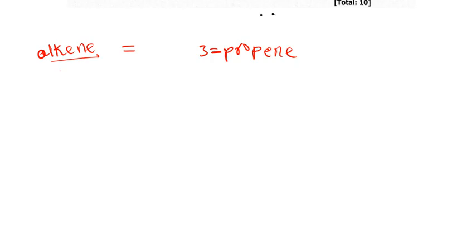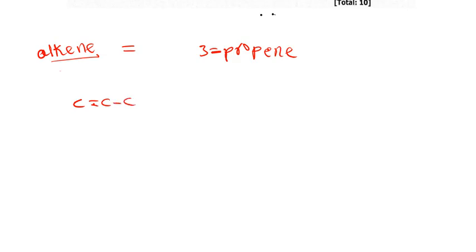So propene, we know that it's an alkene, at least having a double bond somewhere, because all the alkenes are unsaturated. So we can have the first one, which is C, double bonded to another C, then another C.